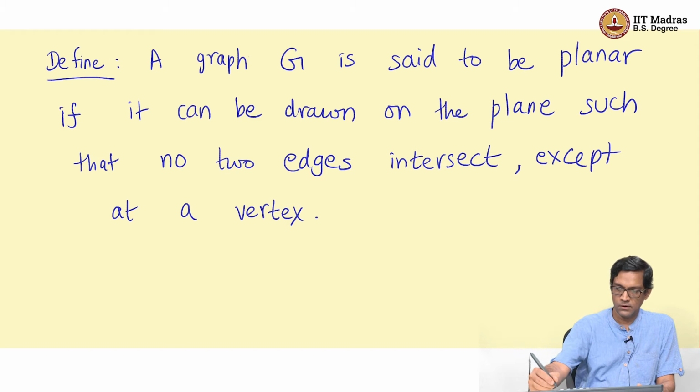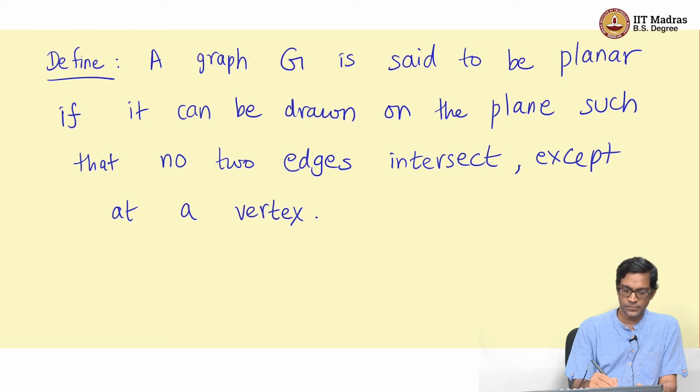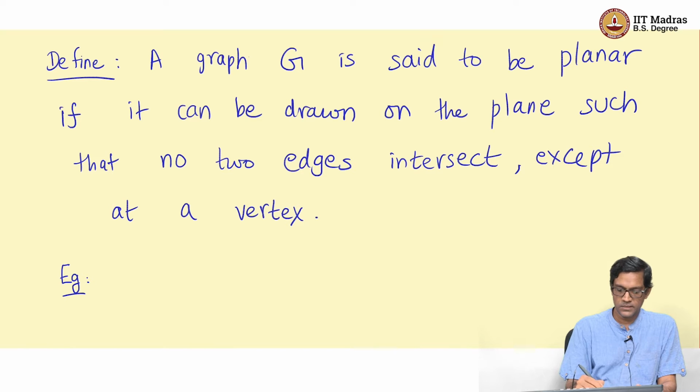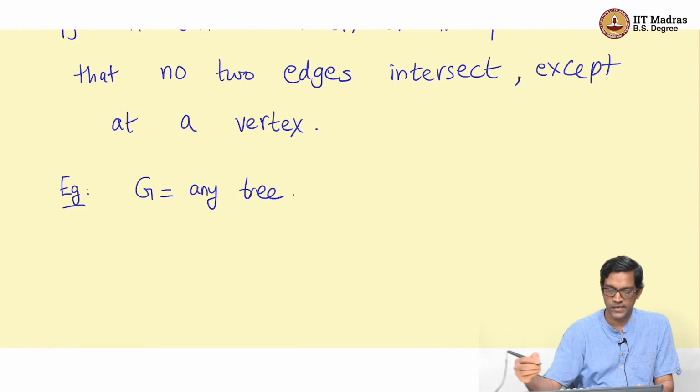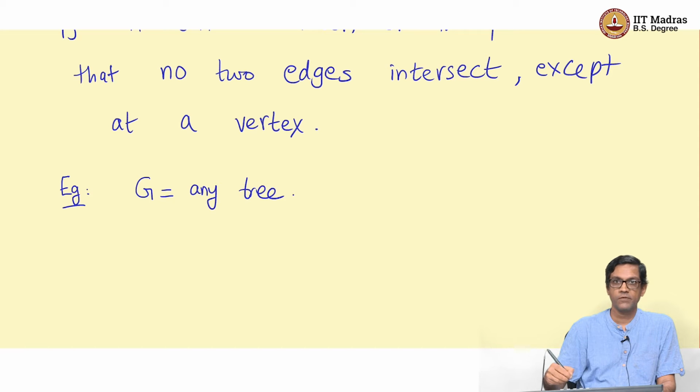Okay, so what is an example? Well, any tree, for example. So we've just talked about trees. So if you take G to be any tree, recall a tree is just a connected graph which doesn't have cycles, then any tree can always be drawn on the plane in such a way that the edges do not intersect.